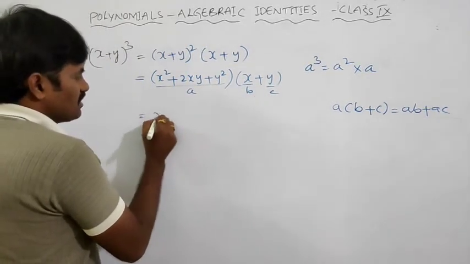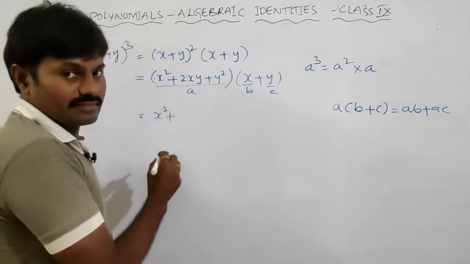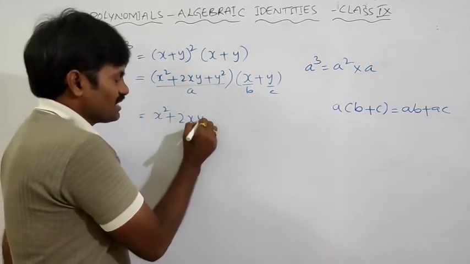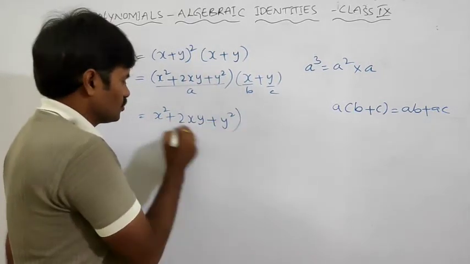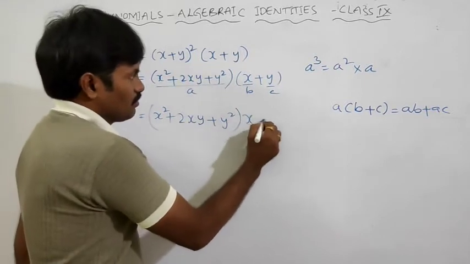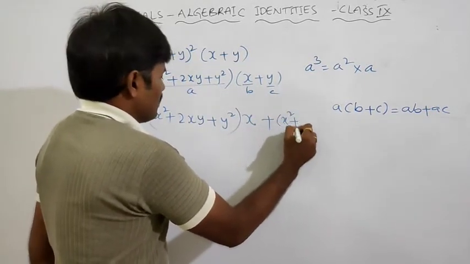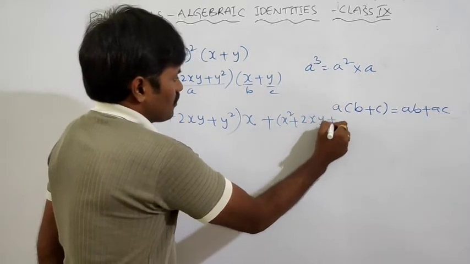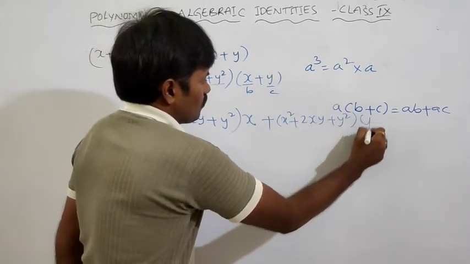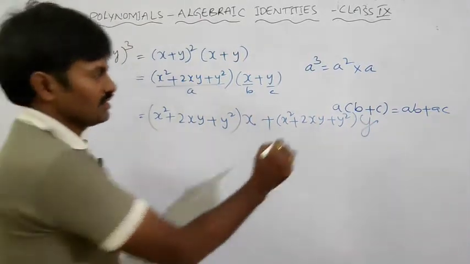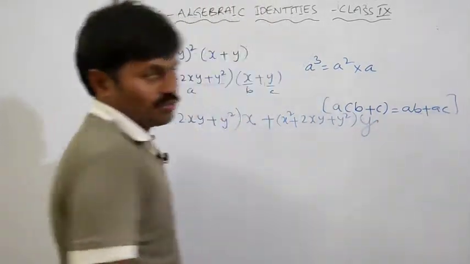So we can write it as (x square plus 2xy plus y square) into x, plus again (x square plus 2xy plus y square) into y, is it? By using the left distributive property.